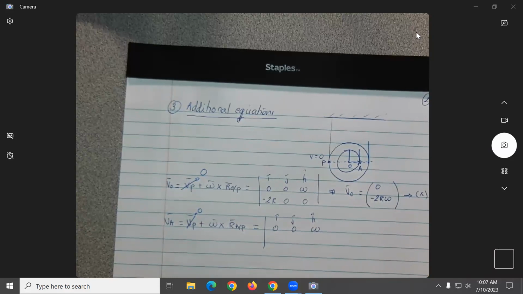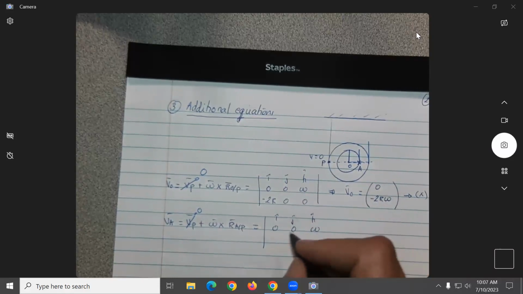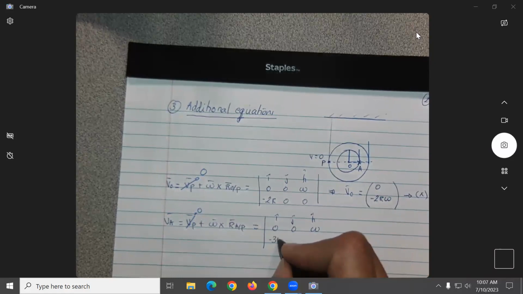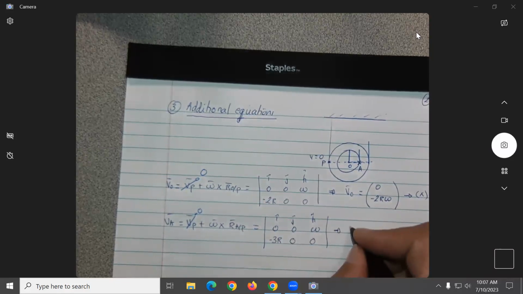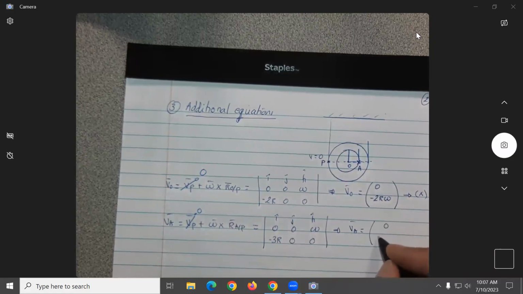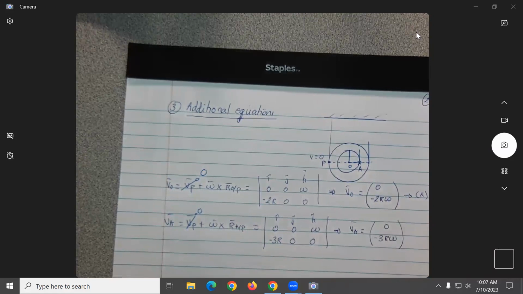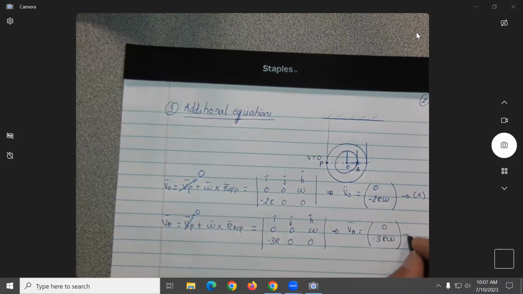Now, what is the distance between P and A? It would be 3R, or negative 3R, it doesn't matter really. VA would then be given by 0 and minus 3 omega R. And this will give you the X of K, which will be related to the velocity of A.